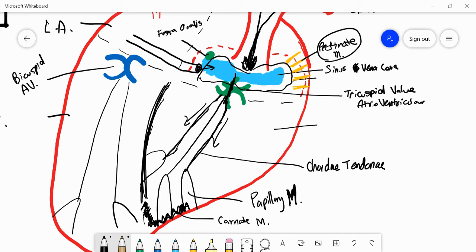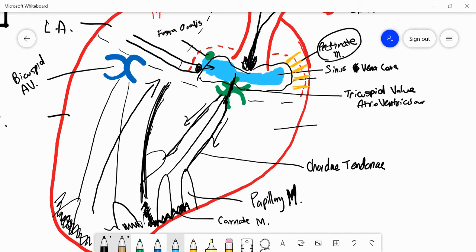The strong muscles and the trabecular muscles along the bottom of the heart and all basically surrounding the base and apex of the heart, we're going to have this muscle contract, and it's going to force the blood out from the ventricle space.